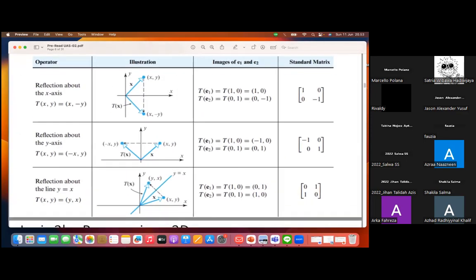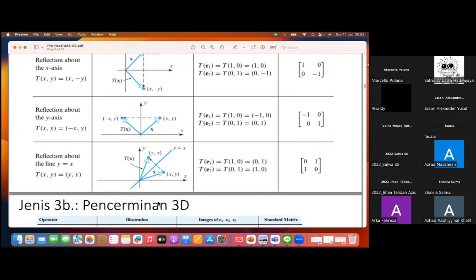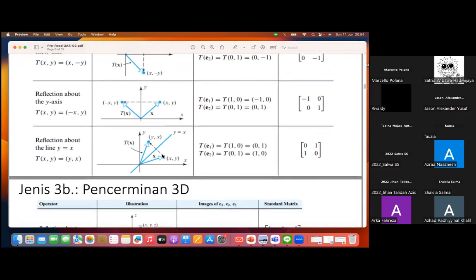So this is reflection. If reflection in the x-axis, you just imagine that y changes, so x doesn't change. For the y-axis, x changes, y doesn't change. For reflection in y equals x, we can identify two properties here.